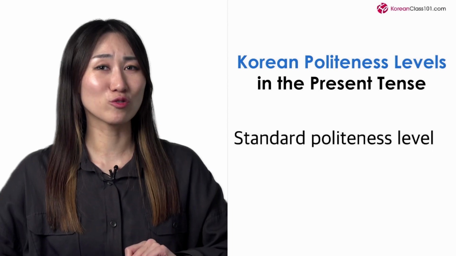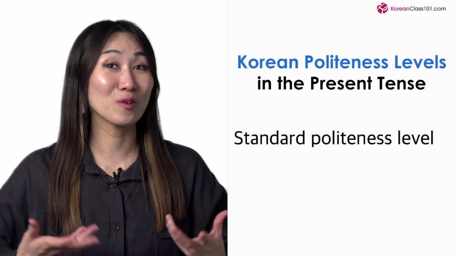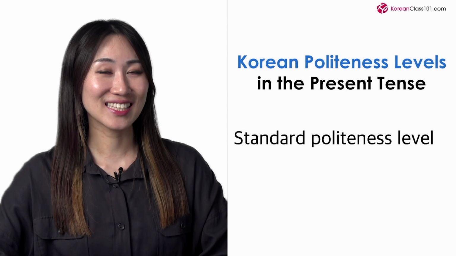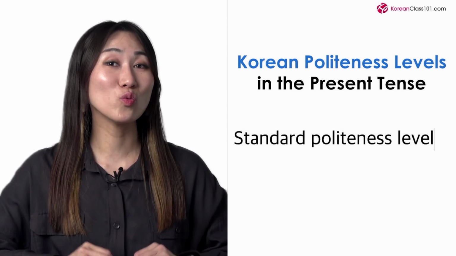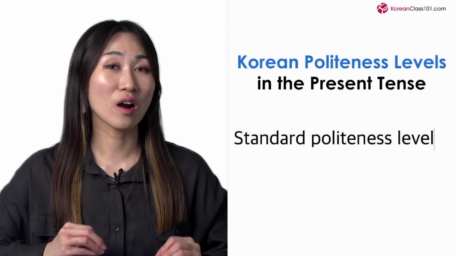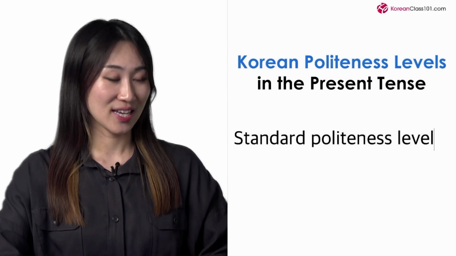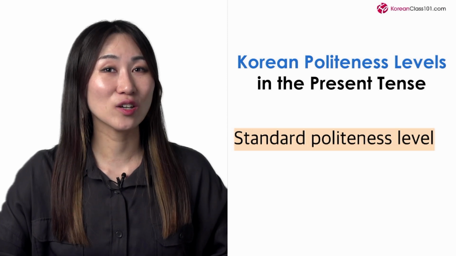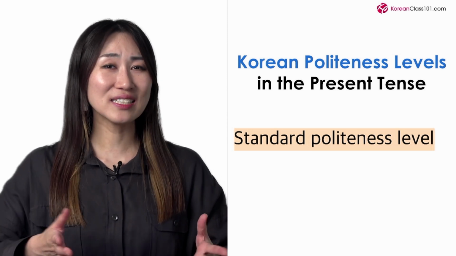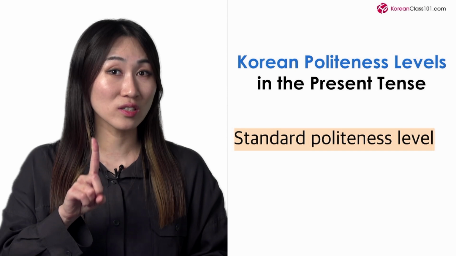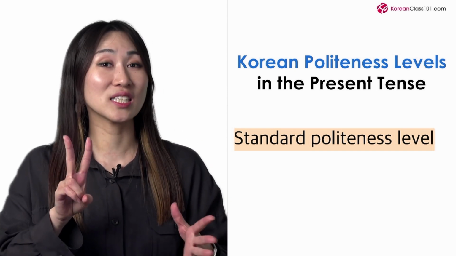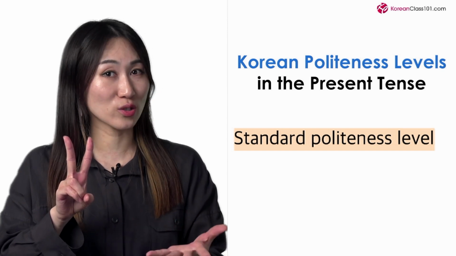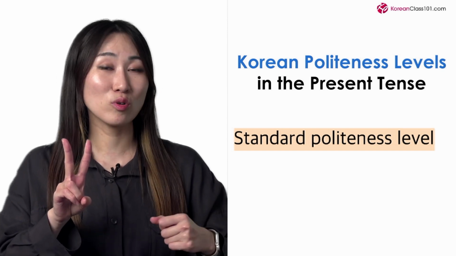Basically, do you remember how to say hello in Korean? That's 안녕하세요, right? Sentences ending with 요 are mostly categorized as this standard politeness level. So basically, the standard form is the most common way to say things. And second, it's polite enough to use with strangers or people who are older than you.